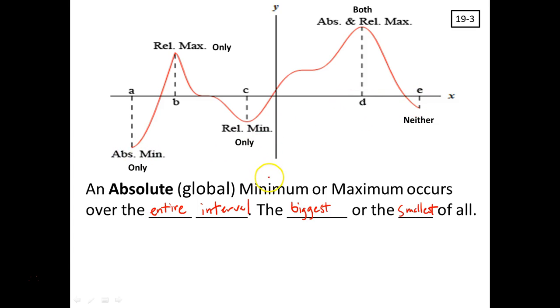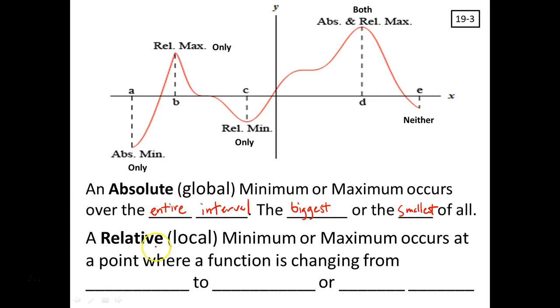I think the best way to remember the relative max or min is to think that a relative max or min can only occur when the function is changing from increasing to decreasing, or decreasing to increasing, which I'm just going to write as vice versa, which of course means the opposite.